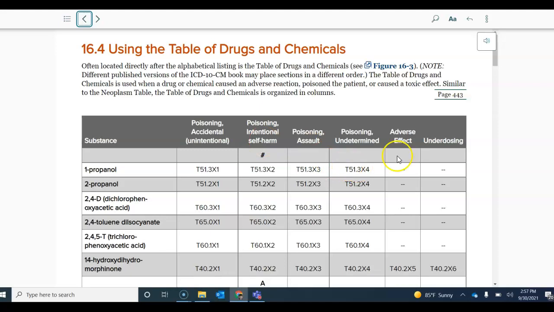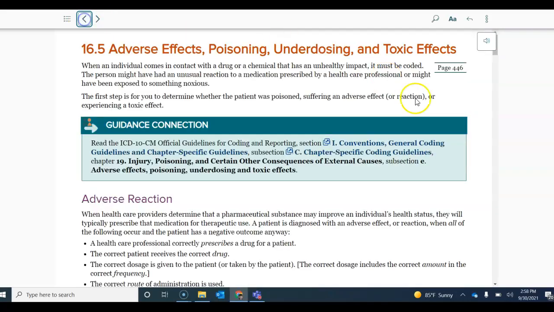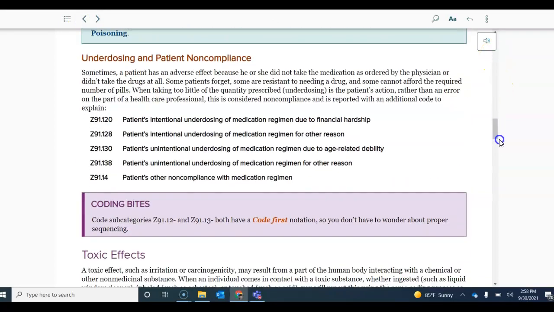Okay. And then we also have this column over here for underdosing. So think about when a patient takes insulin, okay, and they don't take enough. Okay, that's underdosing. And so then over here we've also got examples of why did they underdose.